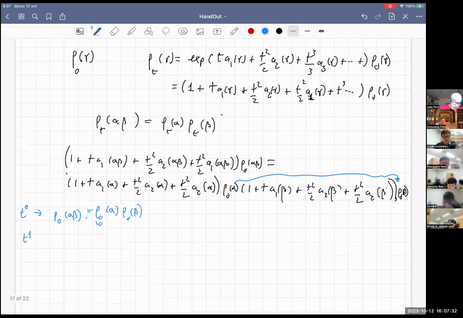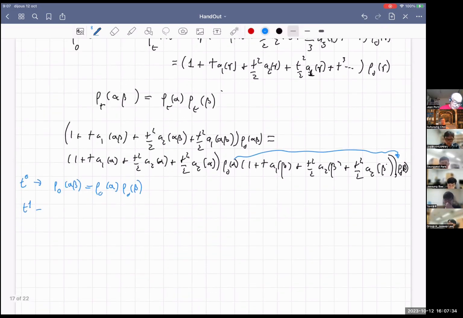With the first power, I get t1. I get a1 of alpha plus, and now this guy here has moved on the other side. So this is what is called the adjoint, in fact, adjoint of rho 0 of alpha, a1 of beta.